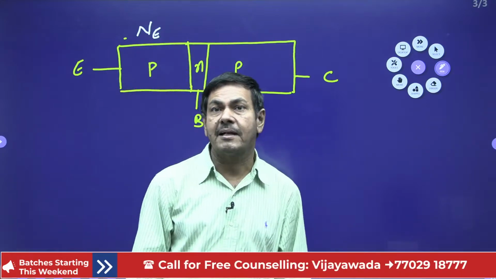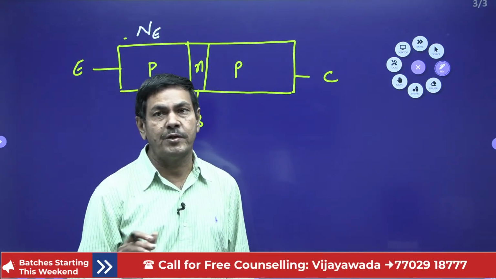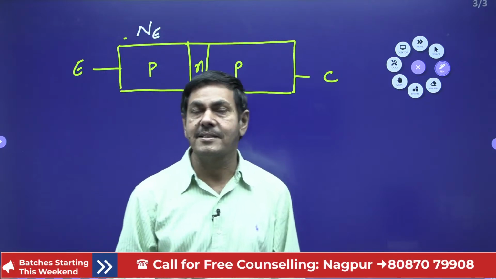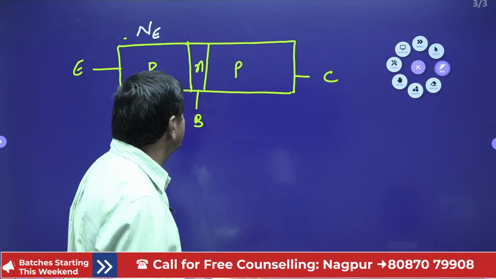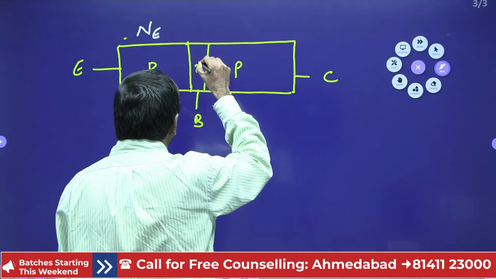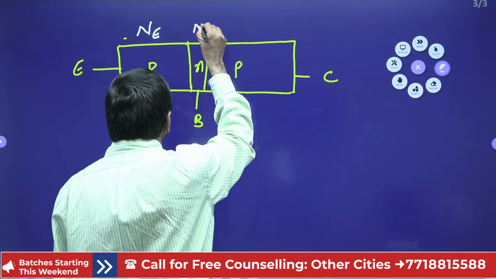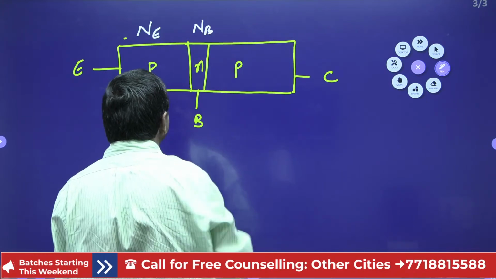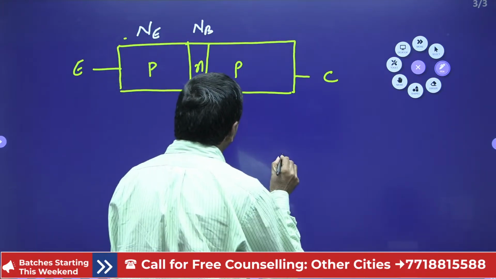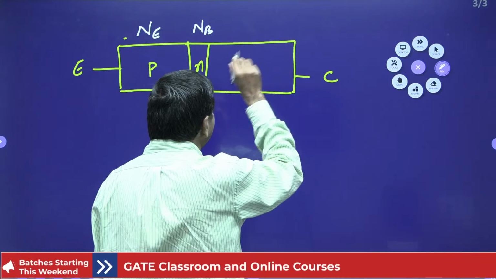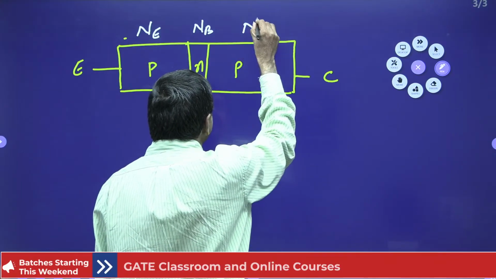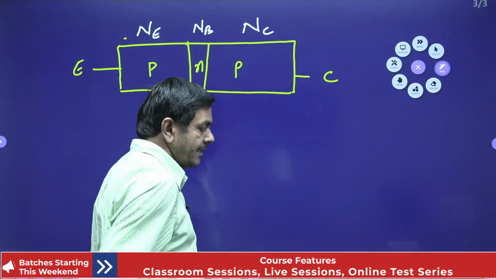Ne is nothing but the concentration per meter cube we are going to use, or concentration per cm cube also acceptable. The concentration of the electrons in the N-type region is given a symbol N suffix B, I want to denote. The concentration of the holes in the collector region, I wish to take it as Nc only now. Nc it is required.